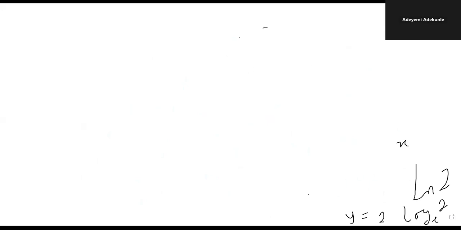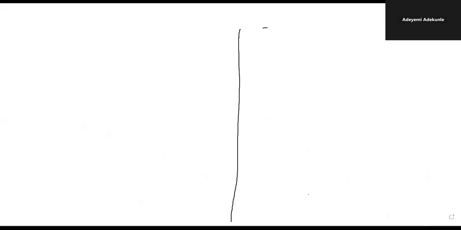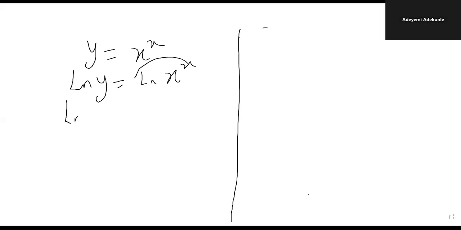If we are given y equals x raised to power x, how do we differentiate that? We still follow the same idea. Add ln to both sides, meaning I can say ln y equals ln x raised to power x. According to the law of logarithm, the x has to come down. Then we say ln y equals x ln x.